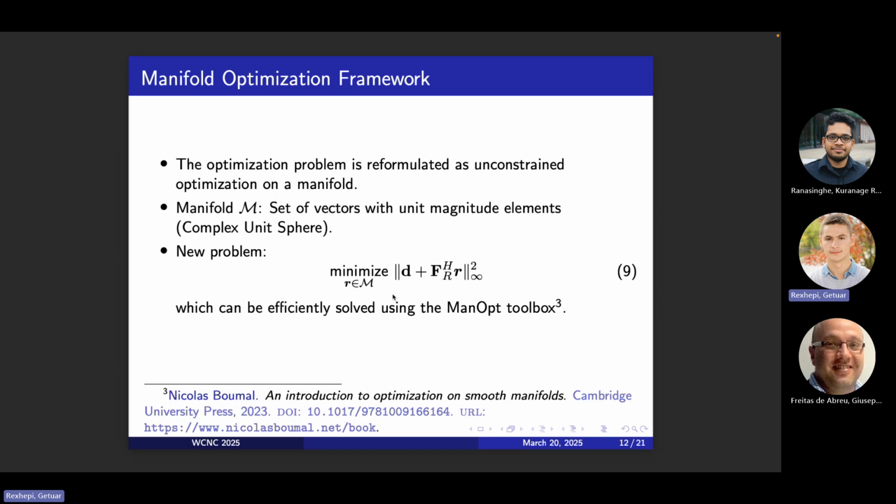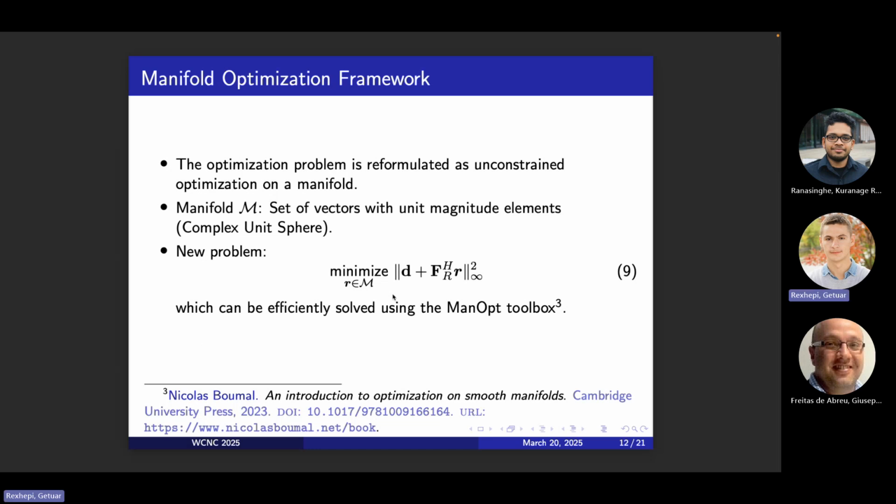Recently, manifold optimization has caught the attention of researchers, especially for problems that are constrained to orthogonal matrices, fixed rank matrices, or unit norm matrices, or simply put, any set that can be expressed as a manifold, which is a space that locally resembles Euclidean space, but globally might be very complicated.